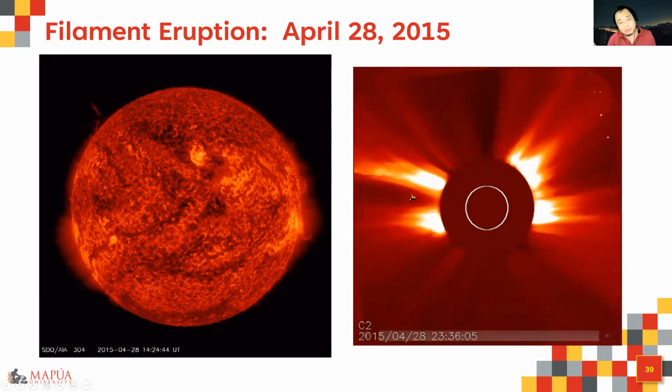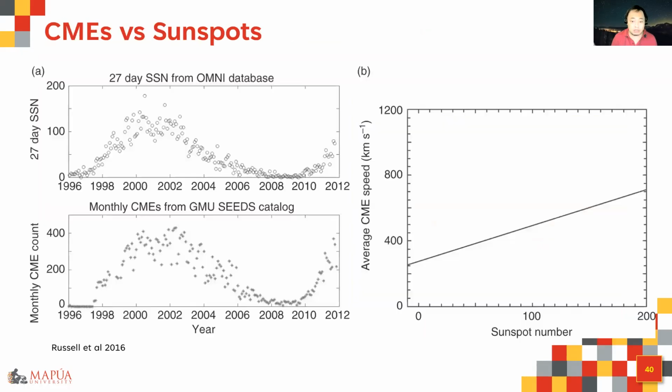This is an example of a filament eruption that happened on April 28, 2015. Just to compare the sunspot number and the occurrences of CMEs, they basically follow the same trend. That means the more active regions there are, the more CMEs that happen.